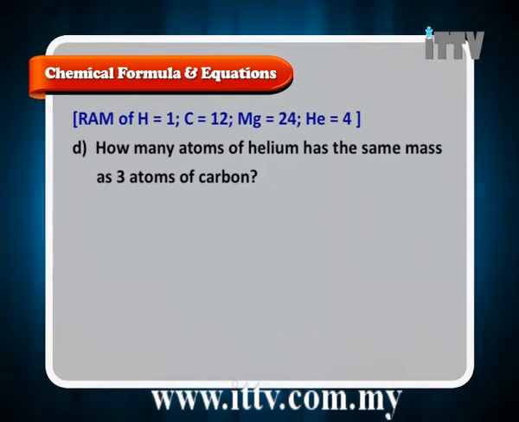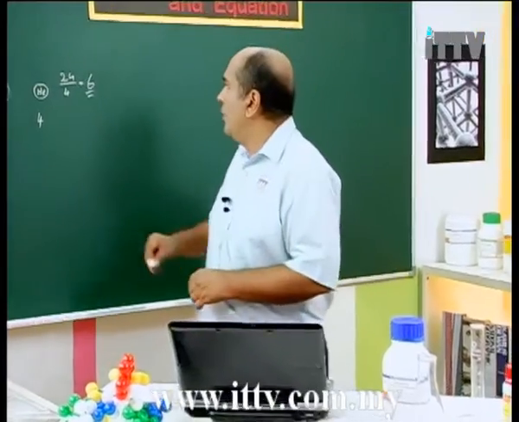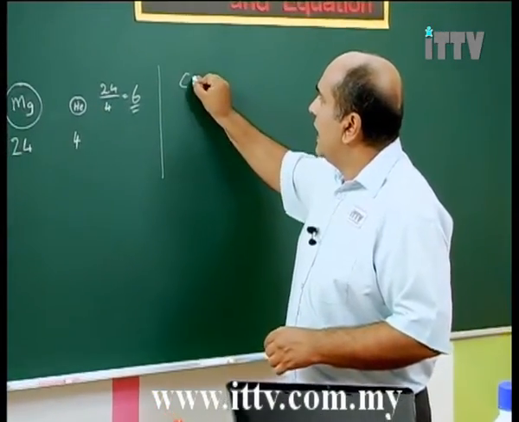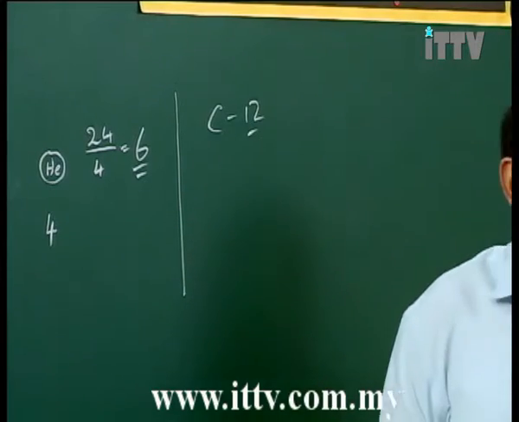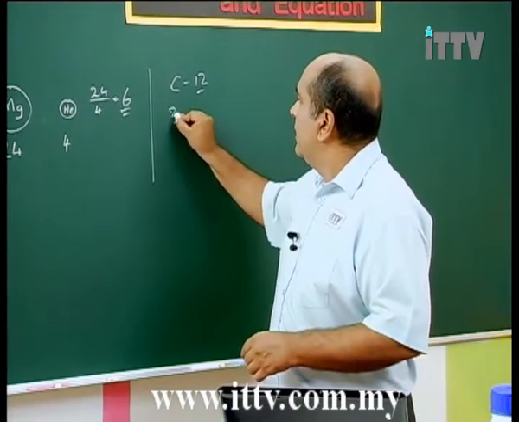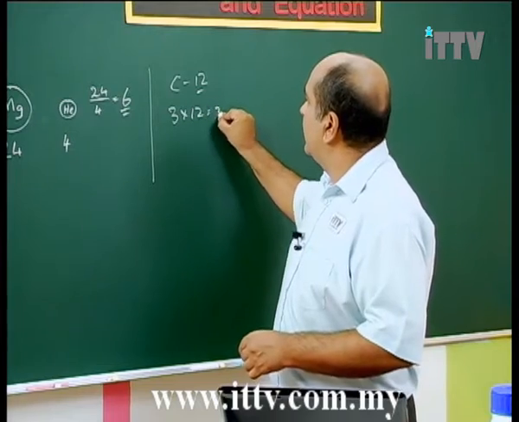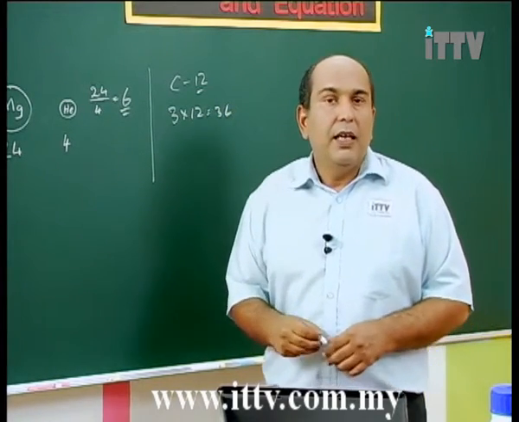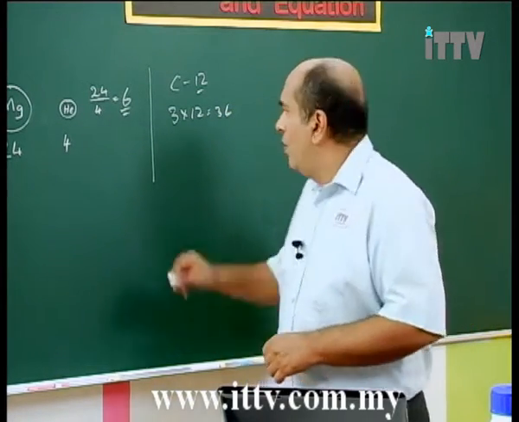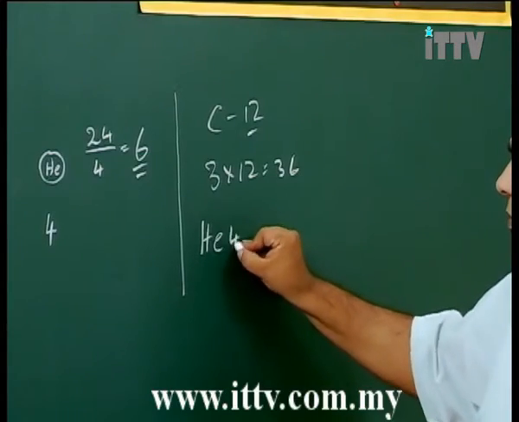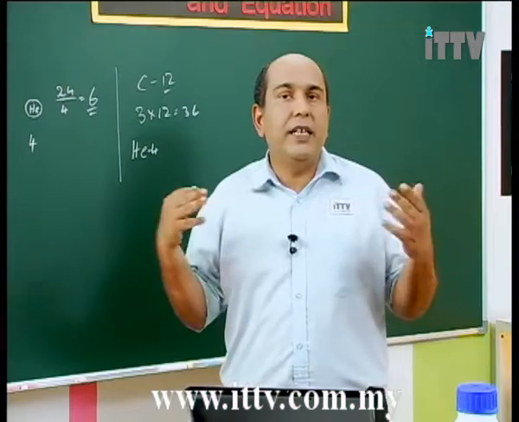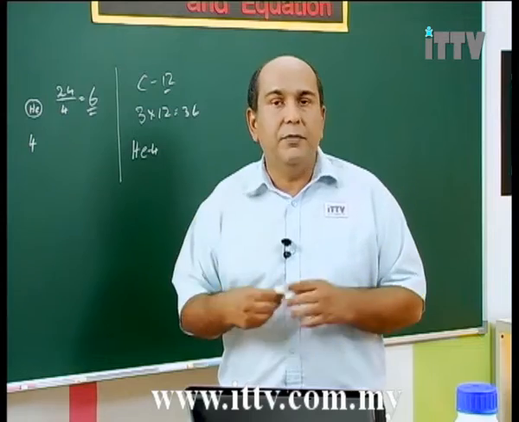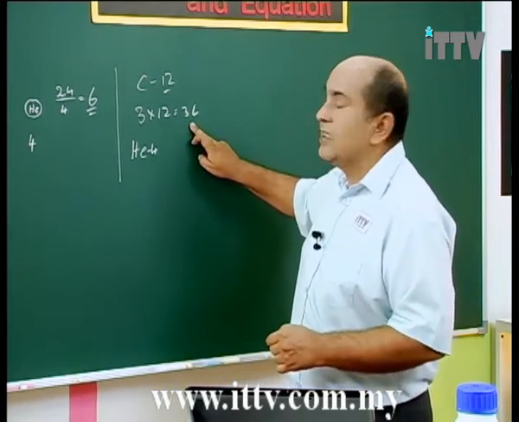Let's try one more. How many atoms of helium have the same mass as 3 atoms of carbon? So, what do we know? We know that carbon has the mass 12, which means 3 carbons would be 3 times 12, which is 36. Helium has the mass 4, which means how many helium will be equal to 36?